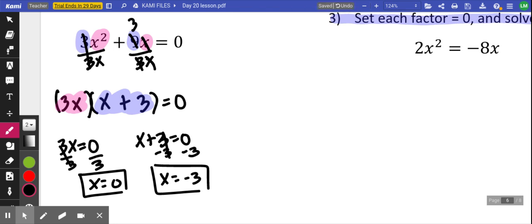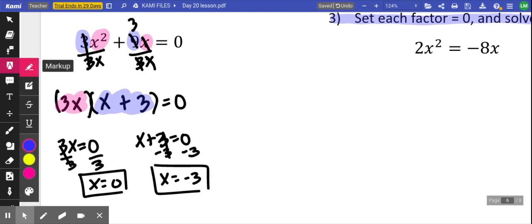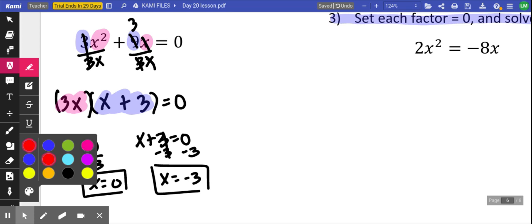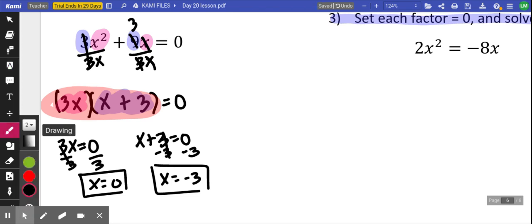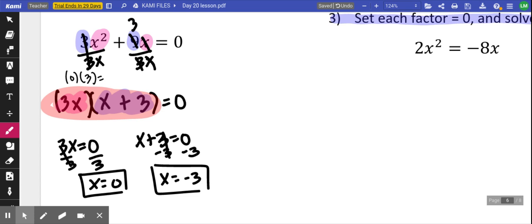It's always good to check your answers. If I plugged back into this right here, when x equals 0, this first part would be 0, and the second part would be 3. So 0 times 3 equals 0.